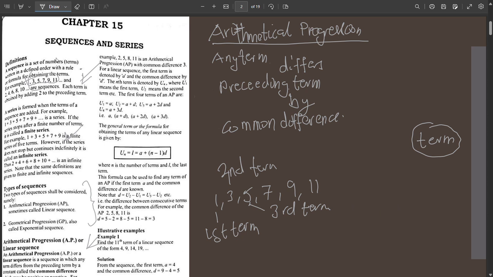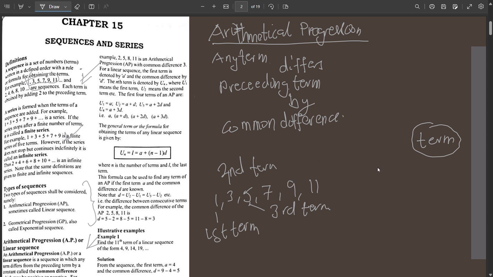So when you take any term at all, let's say here we take 9, which is our 1, 2, 3, 4, 5, our fifth term. Its preceding term, which means the term that comes before that term, is 7. The difference between 9 and 7 should be a constant.